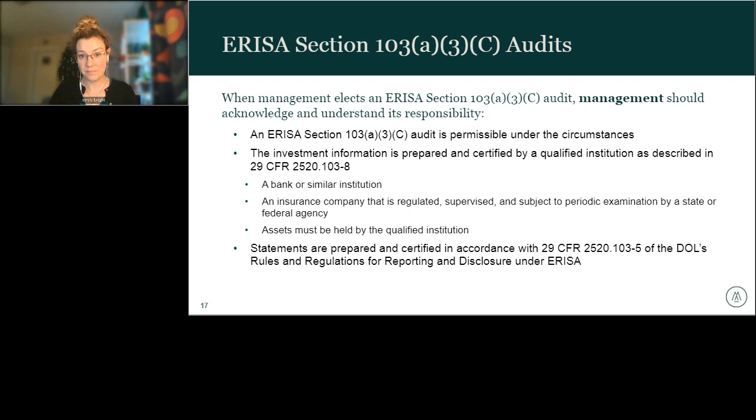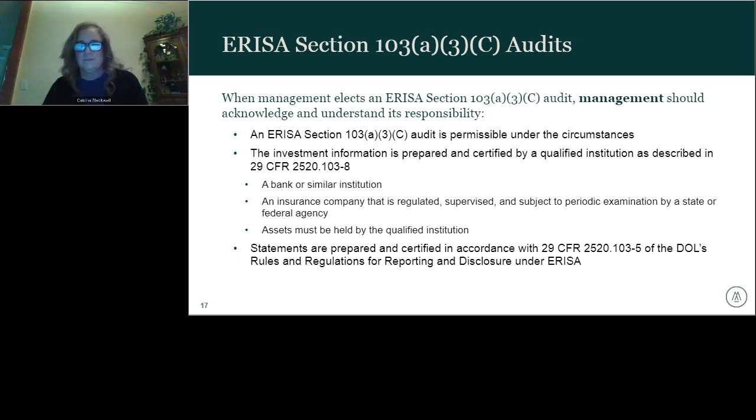I can start going through these, and then if Kory shows up, I'll turn it back over to him. So basically, ERISA Section 103(a)(3)(C) audits is a new term that everyone's going to see in the engagement letters and the rep letters. This is what was formerly known as limited scope audits.